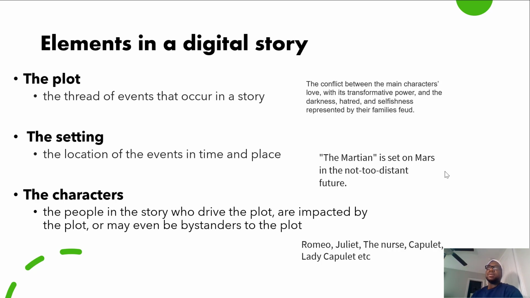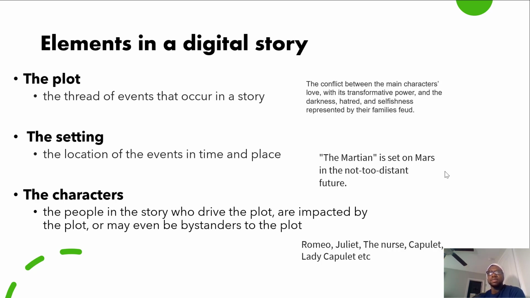I'm using Romeo and Juliet, if you have watched it. It's a story about conflict, a story about hatred, about transformative power, darkness, and selfishness, represented by two families that were in conflict.